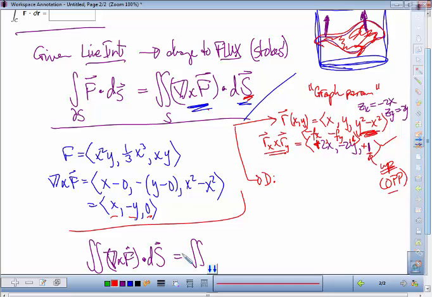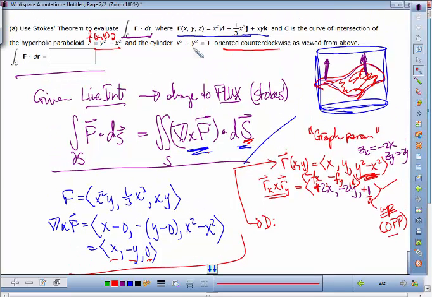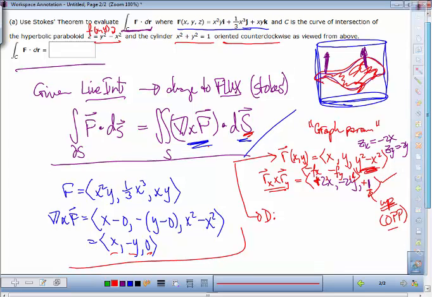Well, technically not the cylinder, because the cylinder is just the outside, but the shadow of the surface on the xy plane, because it's a graph parameterization, we're looking at the shadow on the xy plane, which is a circle. And instead of writing it the way they wrote the cylinder, I'm going to say less than or equal to 1, because it's not just the circle on the outside, but the whole disk, including the inside.